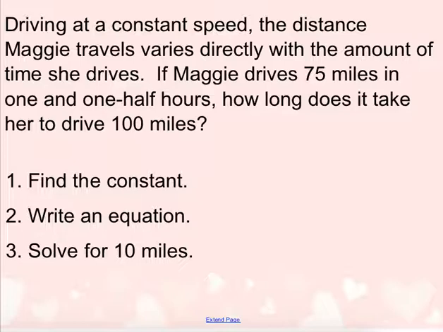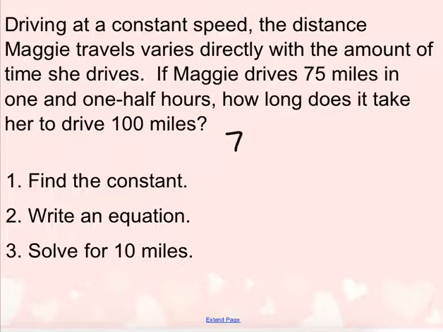Okay, and how about this one? Driving at a constant speed, the distance Maggie travels varies directly with the amount of time. If she drives 75 miles in 1.5 hours, how long does it take her to drive 100 miles? So find the constant. Well, the miles depends on how much time we take.